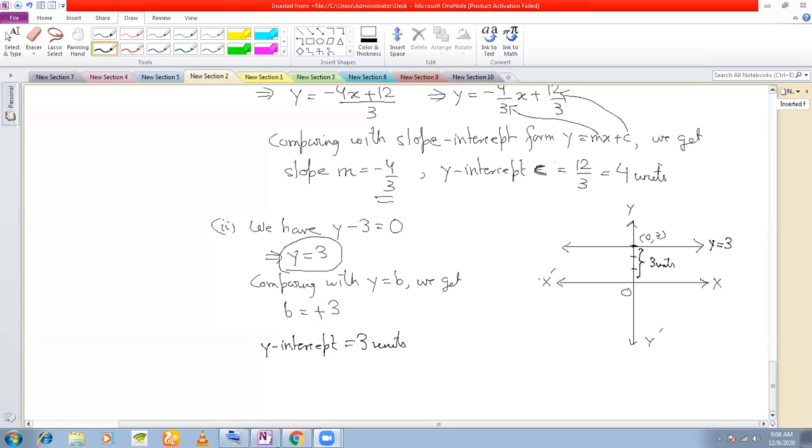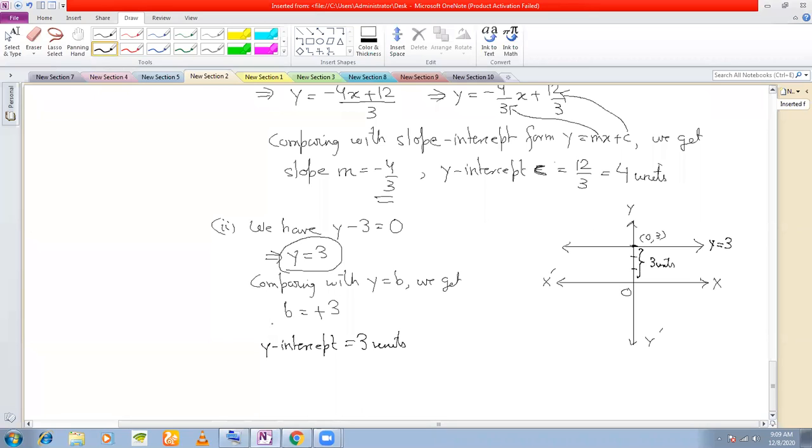What is the inclination with? With the x-axis in the positive direction. What is the angle that this line makes with the x-axis? Can anyone tell me?